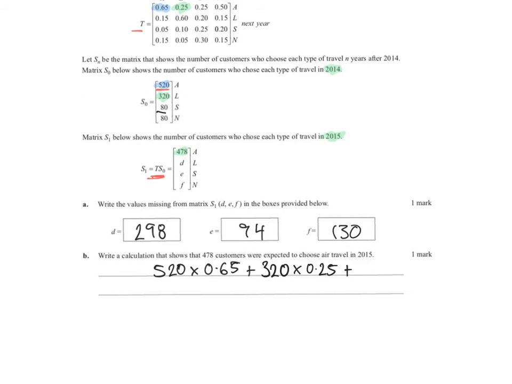We've got the 80 and the 25, and then the 80 and the 50. That's going to equal the 478. So that's that.